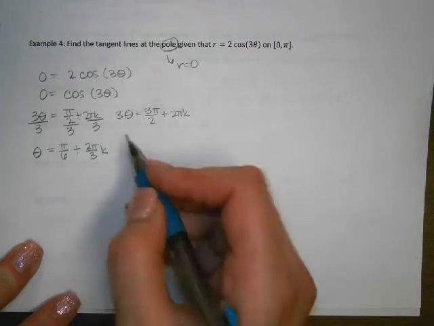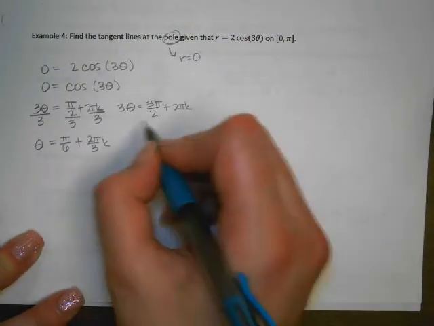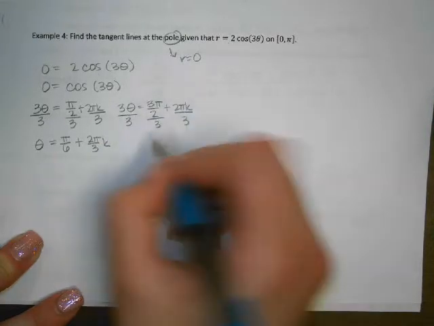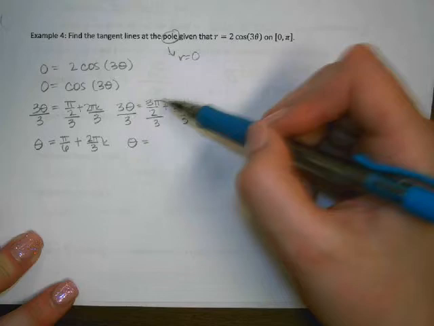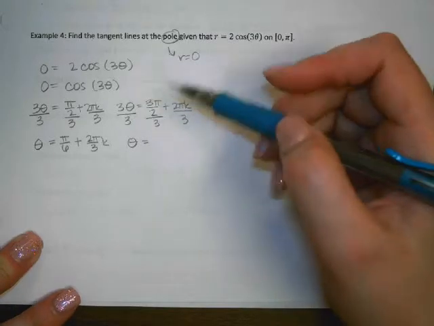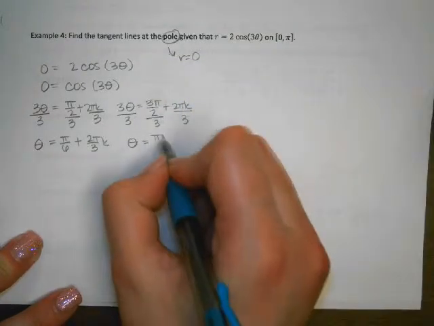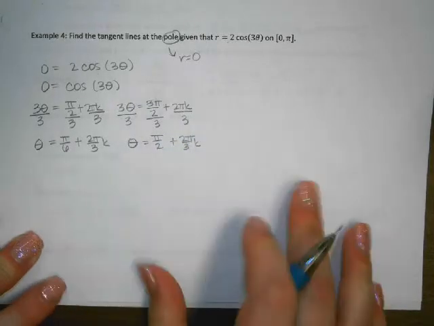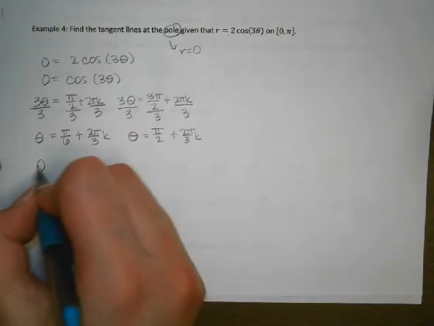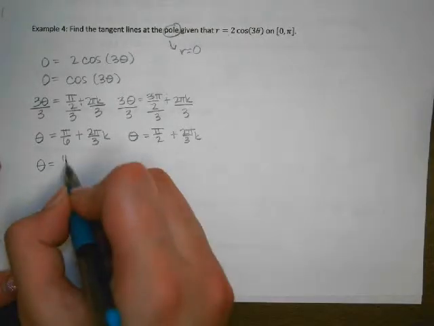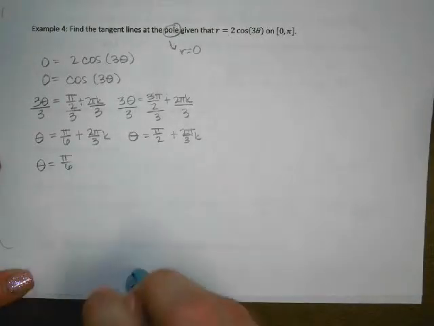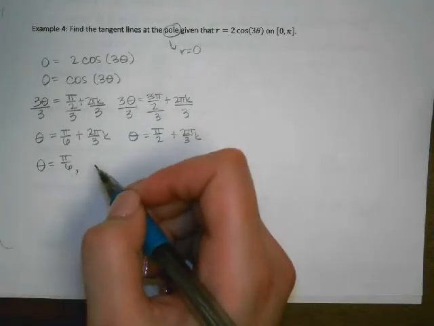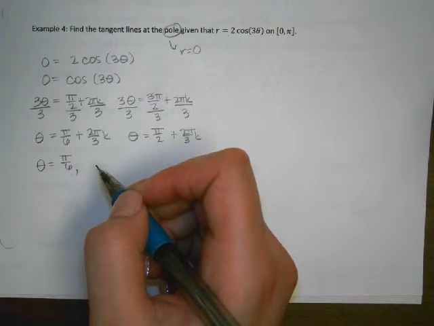So it's telling me what other answers to consider. For this one, I'm going to divide by 3, divide by 3, divide by 3. This would be 3 pi over 6, which is pi halves. Okay, so the theta values that we need to consider would be pi over 6, and then if I add 2 thirds to that, that's like adding 4 over 6.